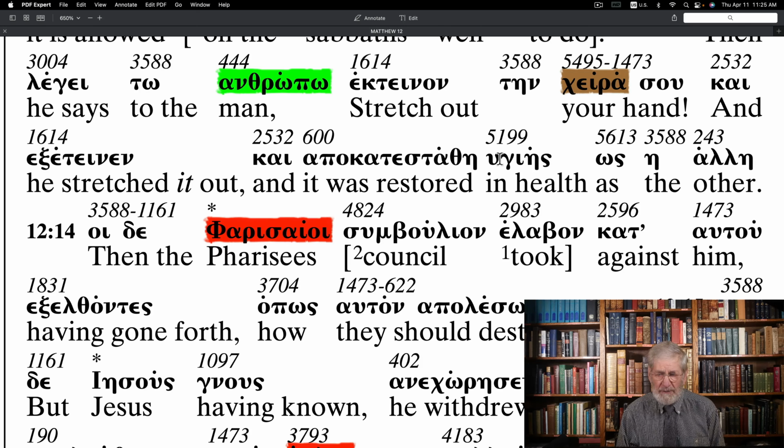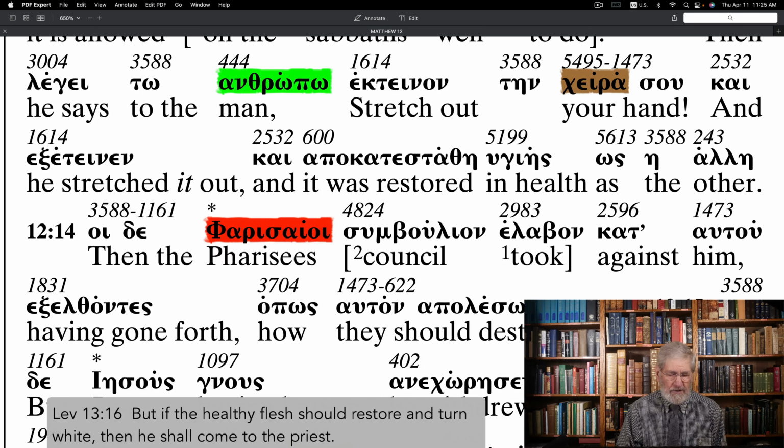Health, hygiene comes from the words hugiēs, hugiē, hygiene. It was restored in health. Other places call it sound. Sound. Something is in good shape. It's sound. Nothing to do with hearing. It's sound. And we see in Leviticus 13 where it talks about health.